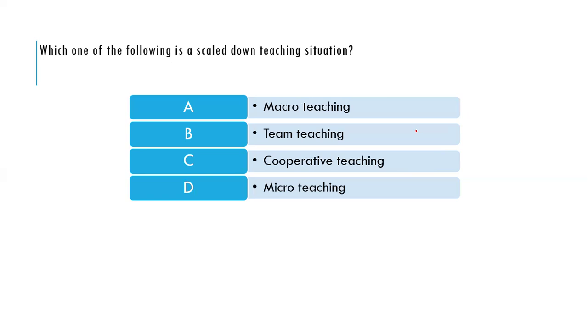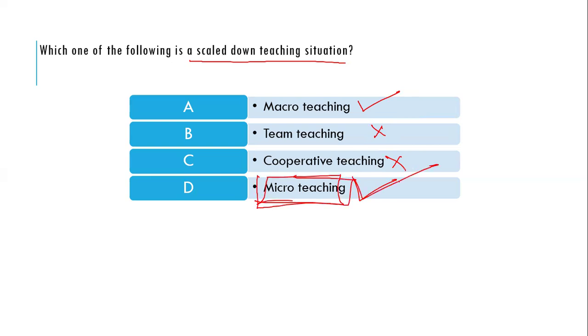Which one of the following is a scaled down teaching situation? Let's understand the question. Scaled down teaching situation. Team teaching, cooperative teaching is the methodology, either macro teaching or micro teaching, but we have seen micro teaching in the notes itself. So that would be the best option. I researched what micro teaching and macro teaching are. Micro teaching is a teacher training and faculty development technique.